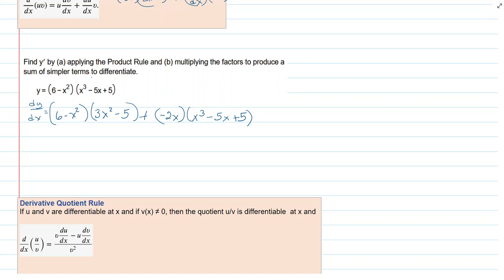All right. I can breathe. So I'm going to have 3x squared minus 5 and 6 minus x squared. All right, so I'm going to have 18x squared minus 30. And then on this one, I'm going to have a negative 3x to the 4, negative 5x squared.